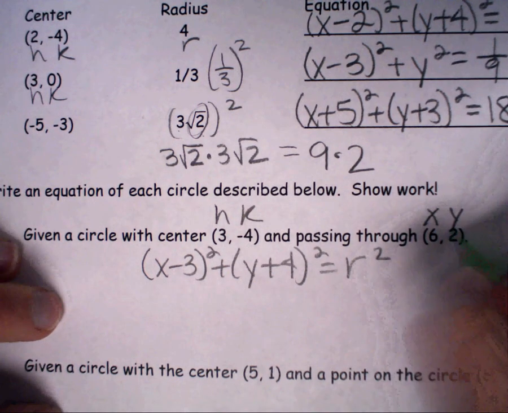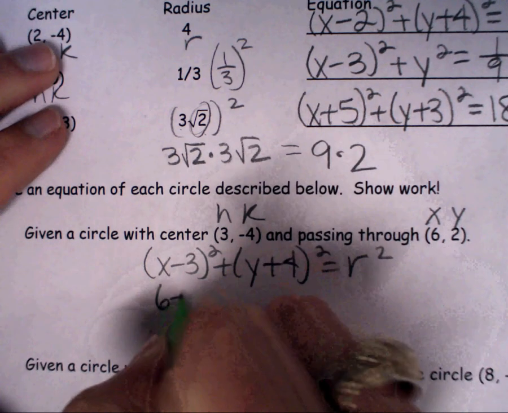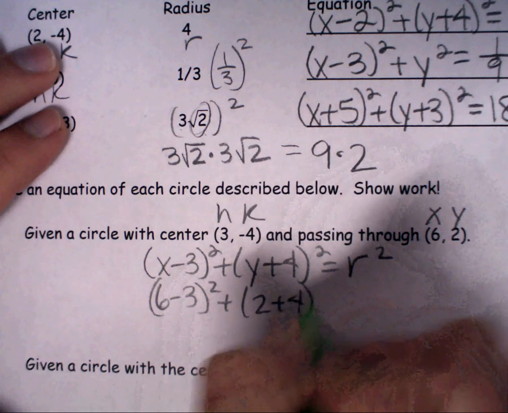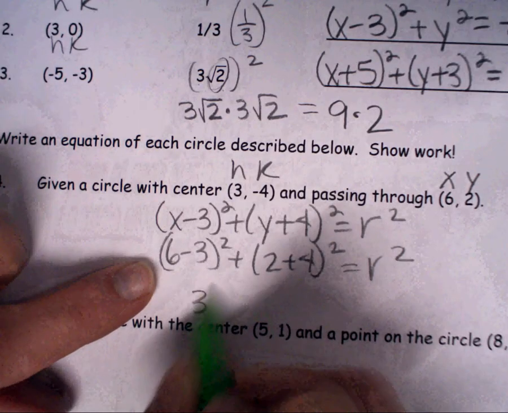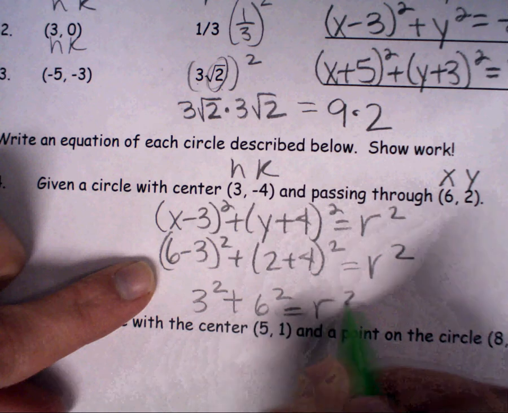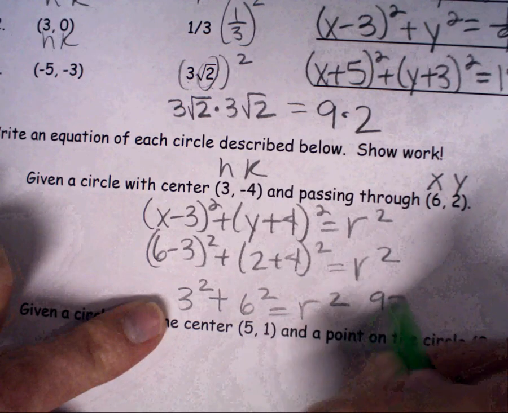So I'm going to plug this in for x and y because it's on the circle. So it'll be 6 minus 3 squared plus 2 plus 4 squared equals r squared. So this is 3 squared plus 6 squared equals r squared. That's 9 plus 36, which equals 45, and that's my r squared.